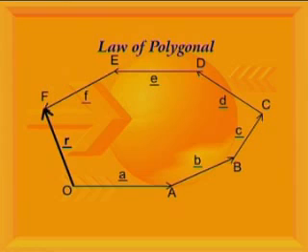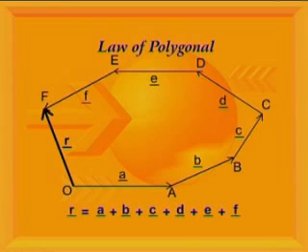These are the vectors A, B, C, D, E, F. These are in the same directions, along these sides, and the resultant vector will be along the opposite side, in the opposite direction, along the side O to F. So these are the laws of how we add these vectors.